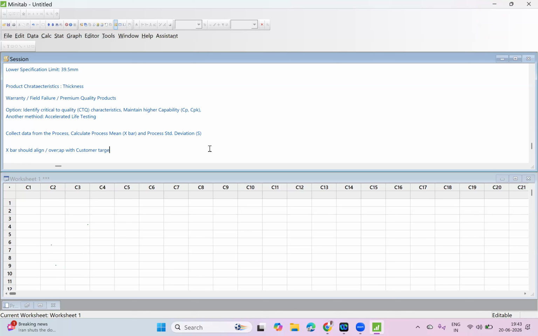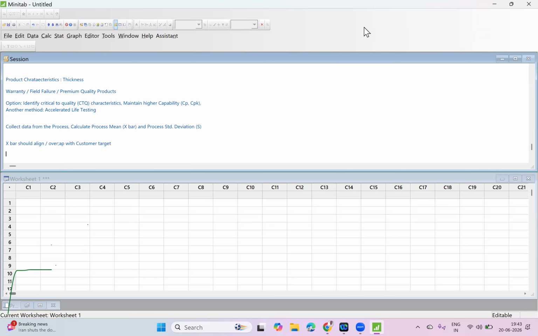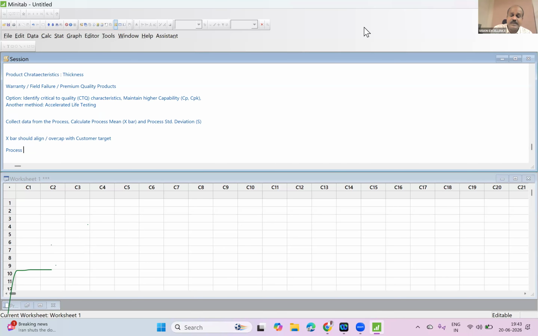If your mean is more than the customer target, then your process is shifted rightwards. If the mean is less than the customer target, that means your process got shifted leftwards. So please understand your process is experiencing a shift whenever X bar is not equal to target.